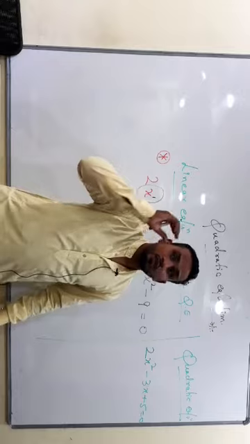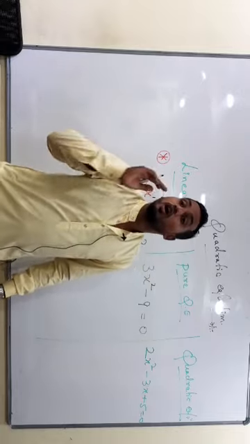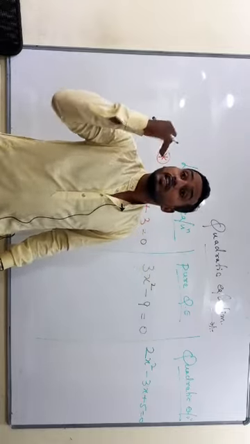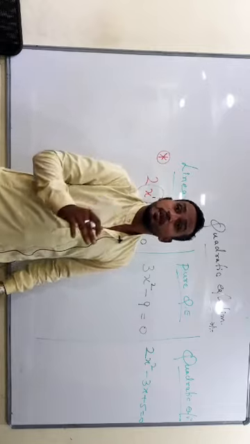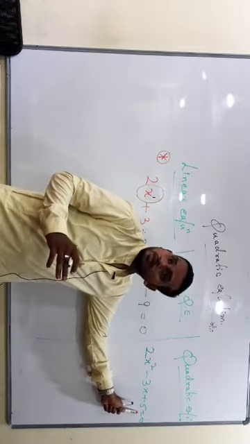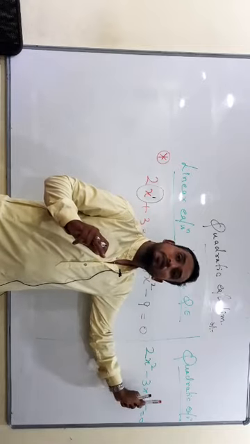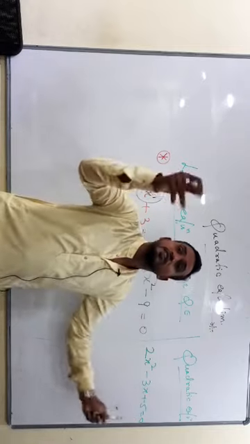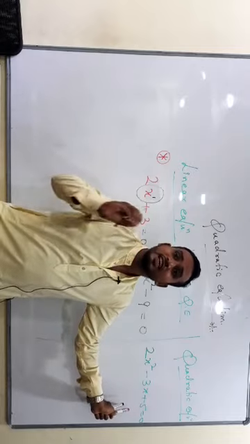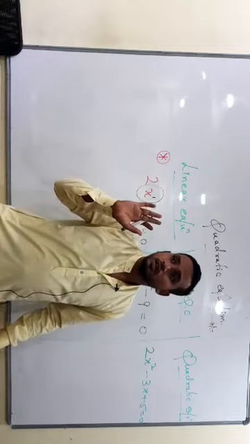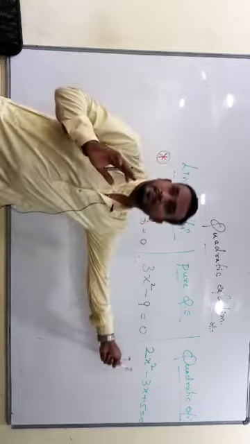But whenever we write, we always write in descending order. Descending means from highest to lowest. First you have to write power 2, then power 1 and then the constant. Power 0 means just a number. Any doubts? Did you get the difference between all the three cases?